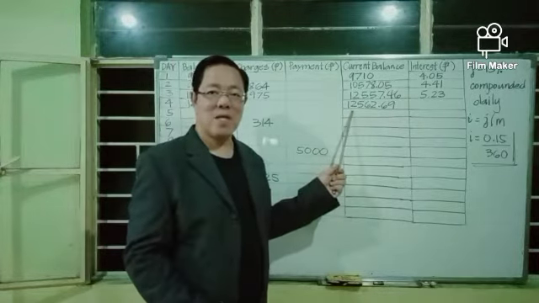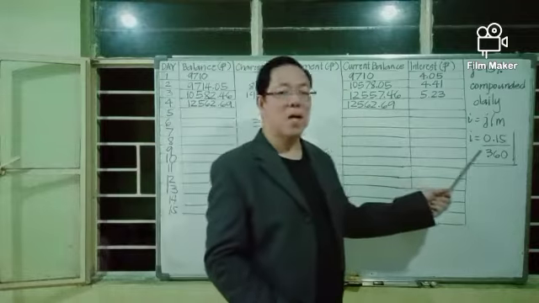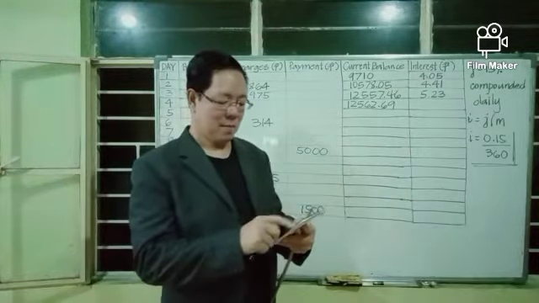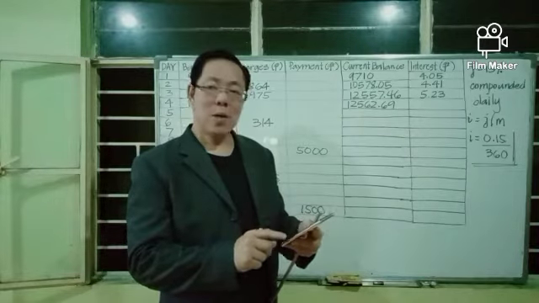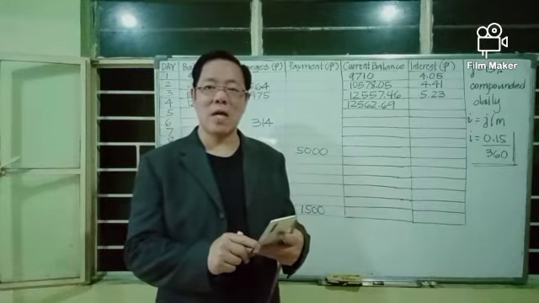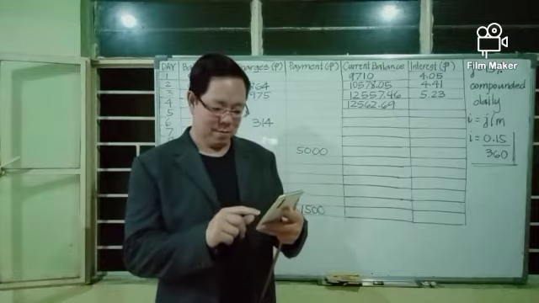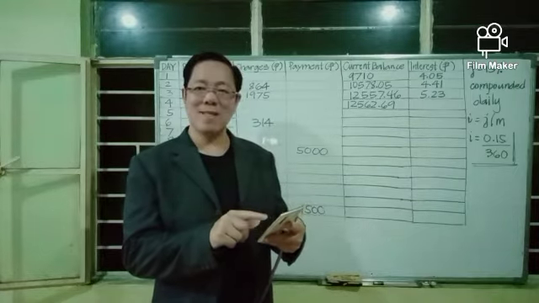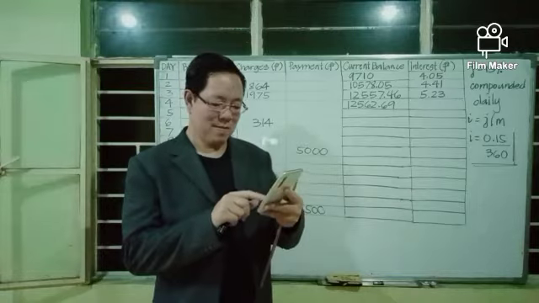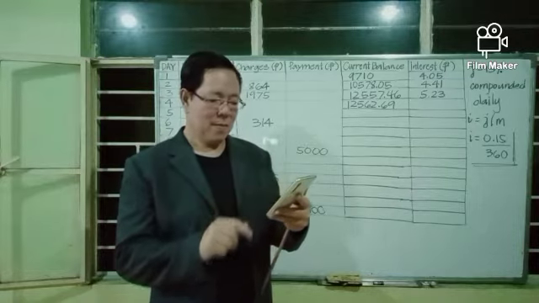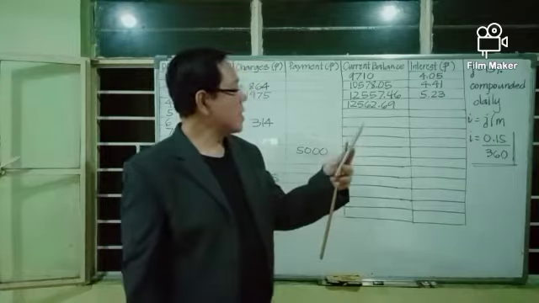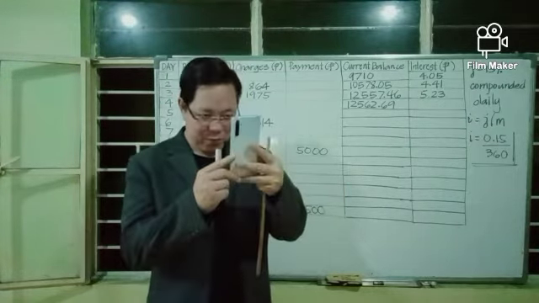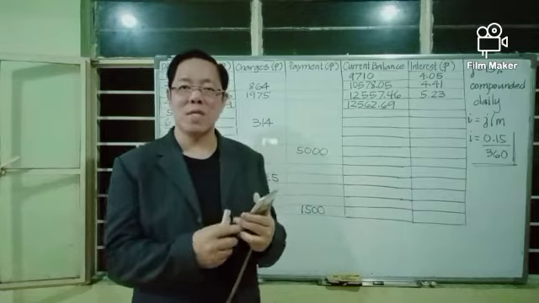Multiply 12,562.69 by 0.15 divided by 360. And the interest earned on the fourth day of November is, to 2 decimal places, 5.23.